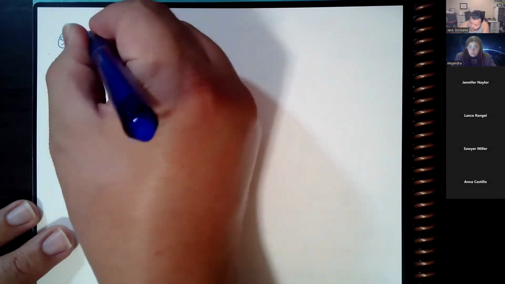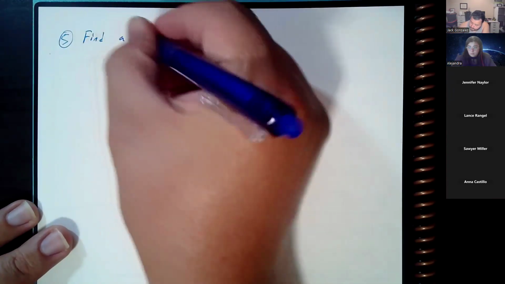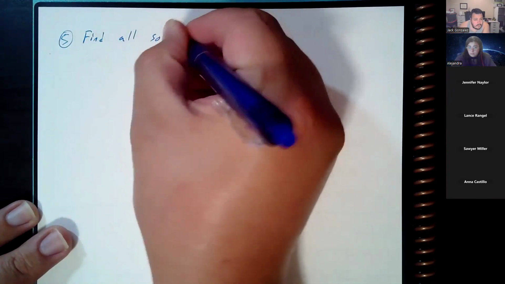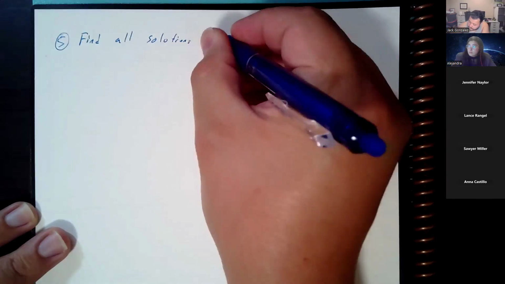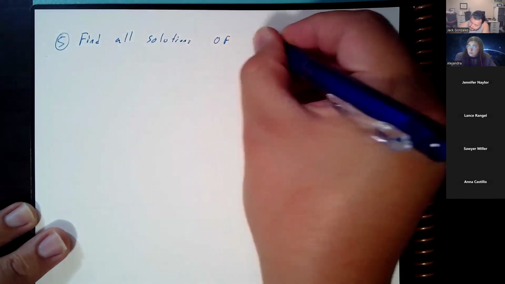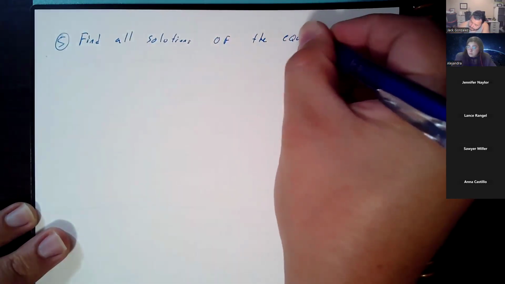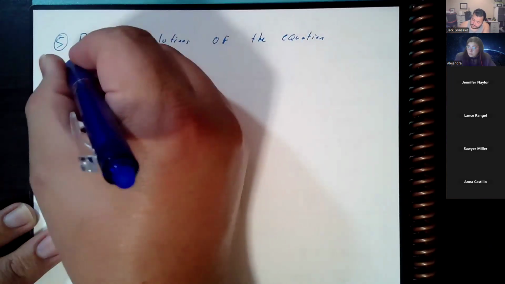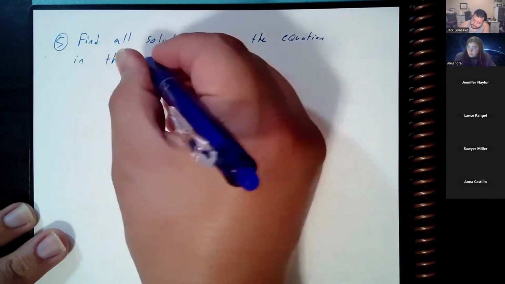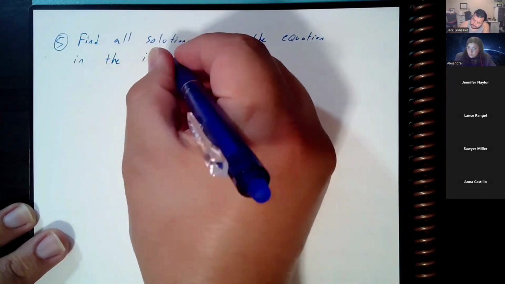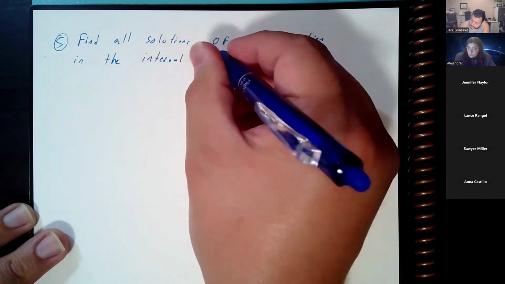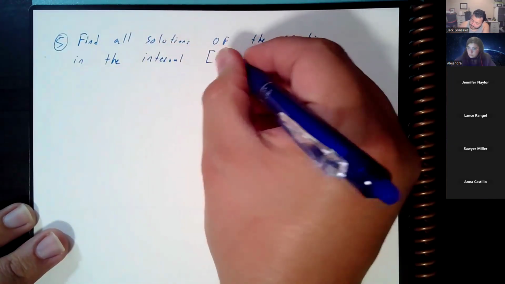Find all solutions of the equation in the interval 0 to 2 pi.